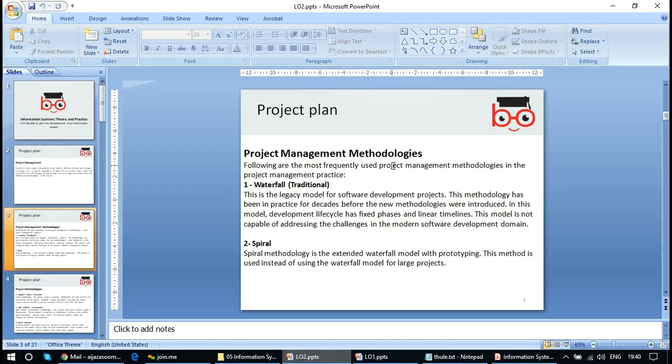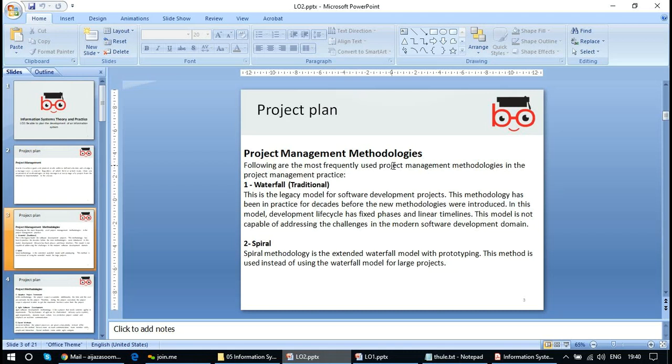Plan is basically the management of the project itself. Obviously you would be managing the project according to the plan, and a plan would have some management. They may be interchangeable words.